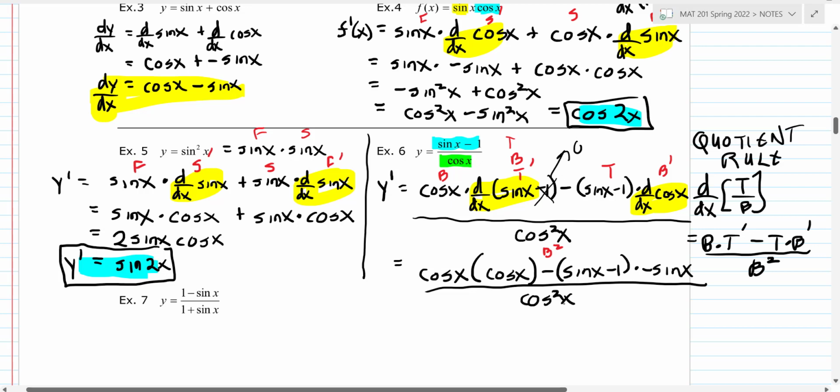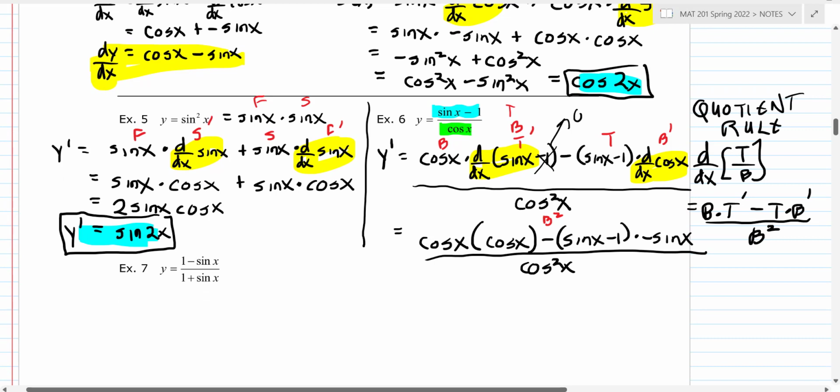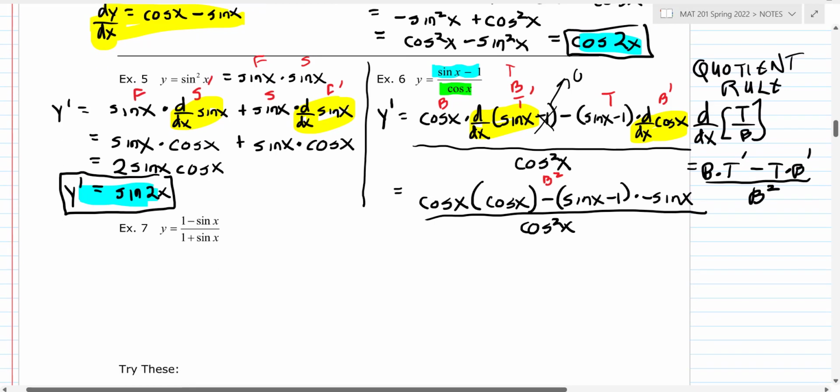Now we need to multiply this out, see if we can simplify, and look to see if any identities pop up in this problem. Cosine times cosine is cosine squared x. You have to be careful about how you distribute this. You have a negative sine times a negative sine, so that's a positive sine squared x. And be careful here: a negative times negative 1 is a positive sine x, but then that negative distributes through.